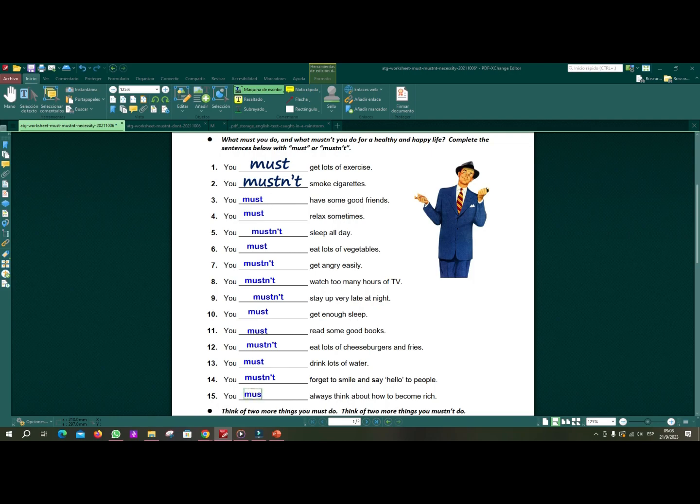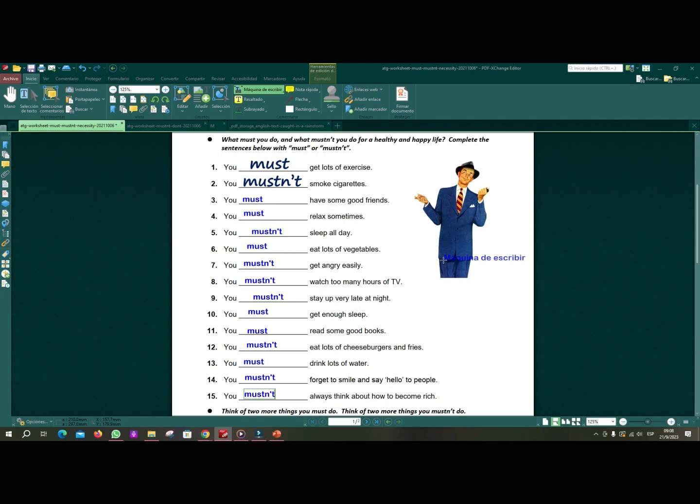Okay. That's mustn't. Always think about how to become rich. Okay. So guys, here you have some steps that you can follow in order to have a healthy and happy life, right?